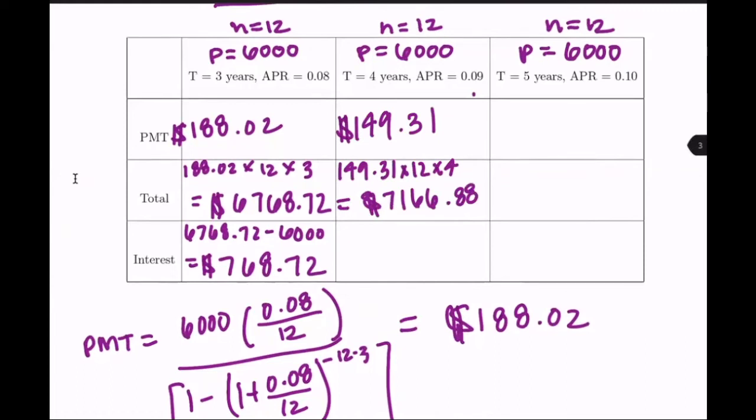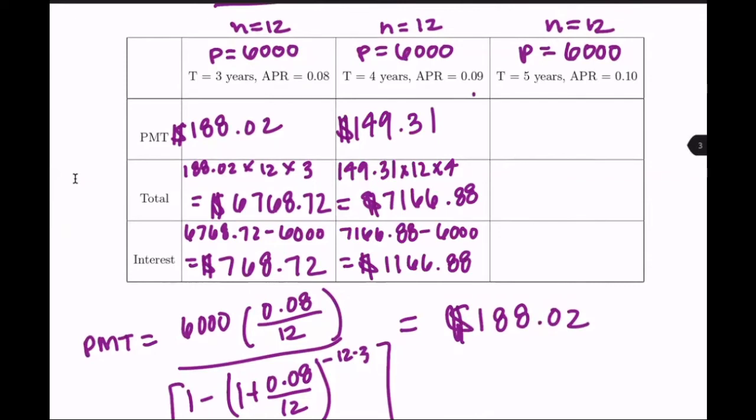Finally, we're going to find how much interest we are going to owe. So that is going to be where we subtract 7,166.88 minus our principal value, which was the 6,000, and you get $1,166.88.